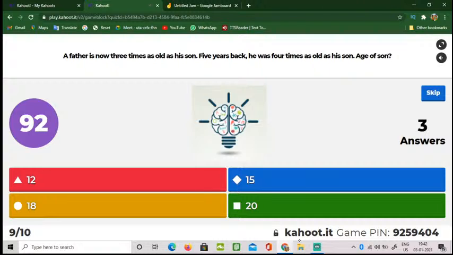Let me repeat the question for you all. A father is now 3 times as old as his son. 5 years back, he was 4 times as old as his son. So now what's the age of the son, okay? You are having the options as 12, 18, 15 and 20. Guys, do participate.